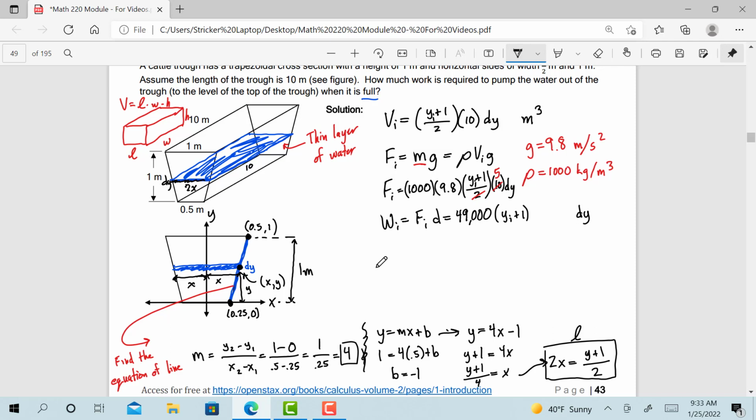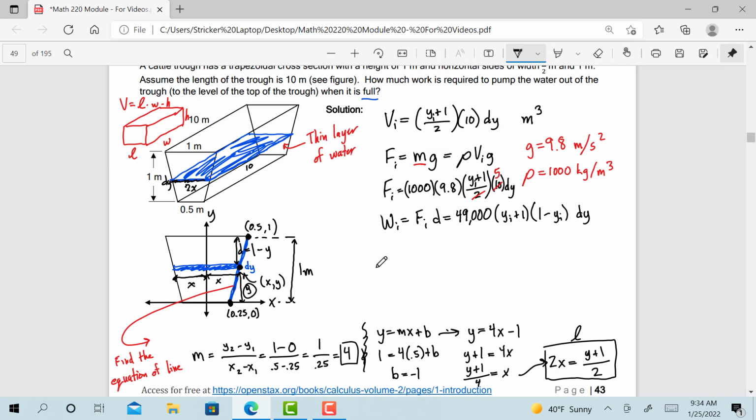And we know that y is the distance from the bottom of the trough up to the thin layer of water, which means the distance d that we need to pump that water out is going to be the difference between the total, so 1 meter, minus the distance from the bottom of the trough up to the water, which is y. So our distance is not y, it's not 1, it's 1 minus y.